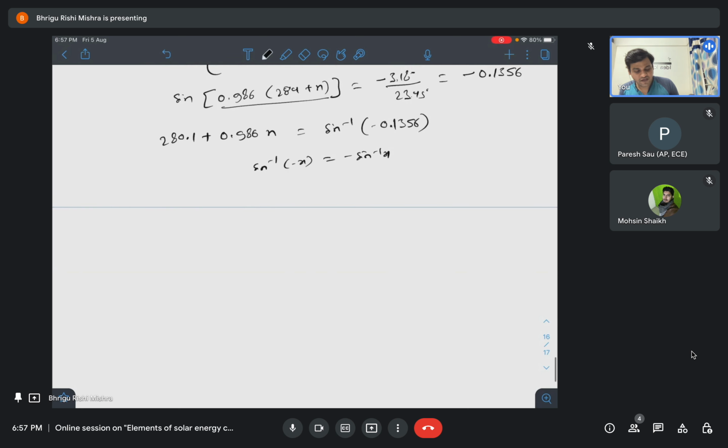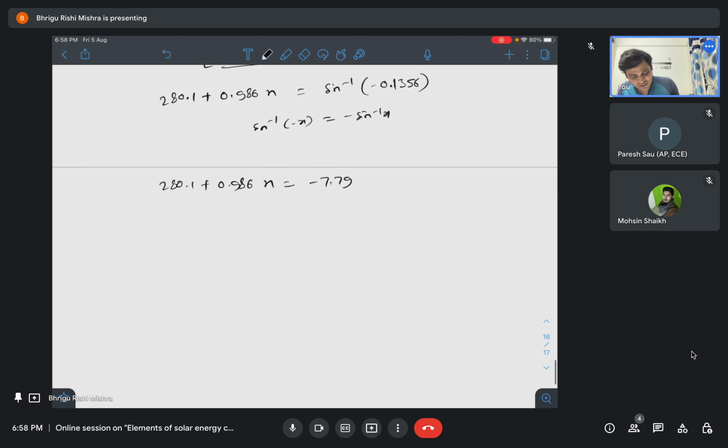So similarly, we simply need to calculate the sine inverse of 0.1356, and this is minus 7.79.